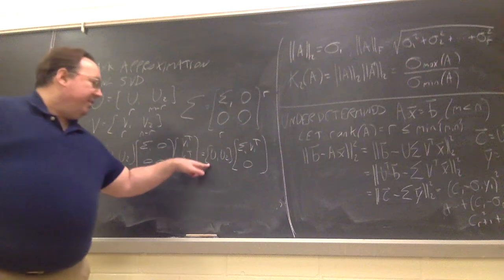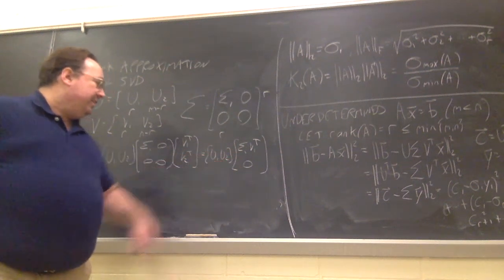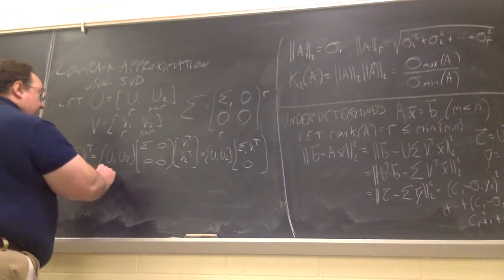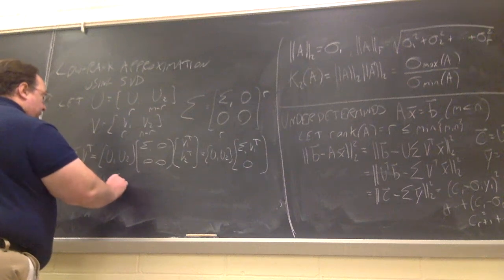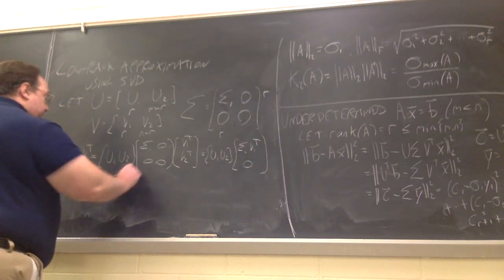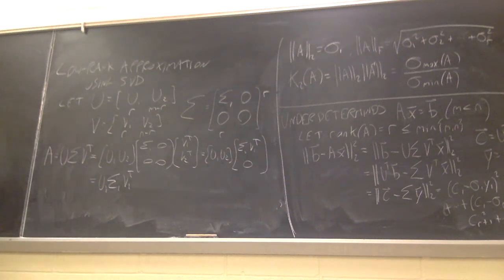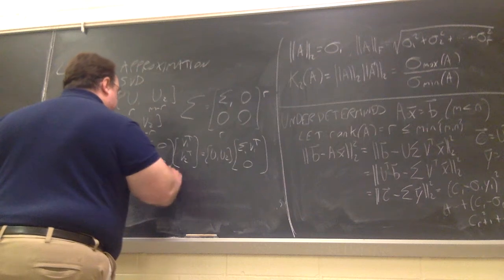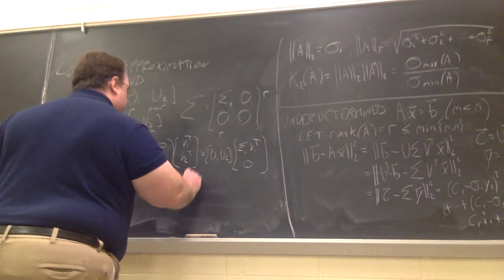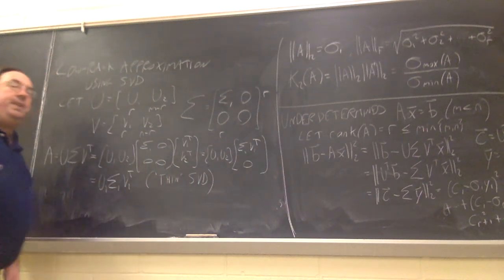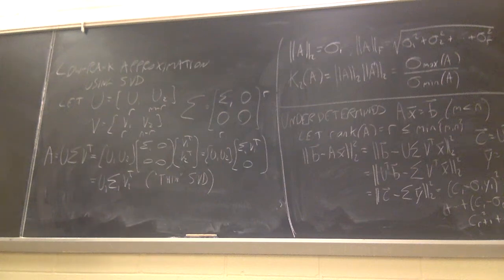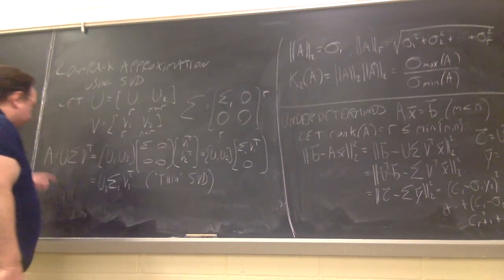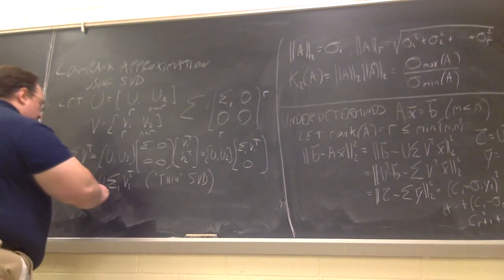Now I multiply that by U1 and U2, and what I get is U1 sigma 1 V1 transpose. So it looks the same, except this is called the thin SVD, similar to the thin or economy size QR factorization, where you're just getting the minimum amount you actually need to construct A.